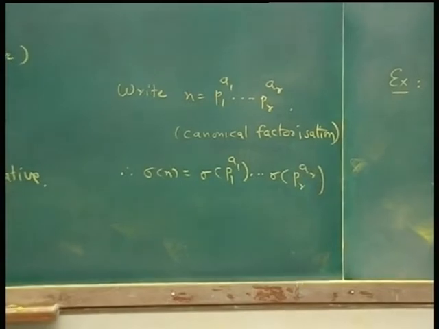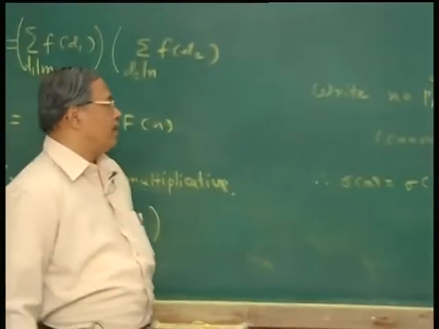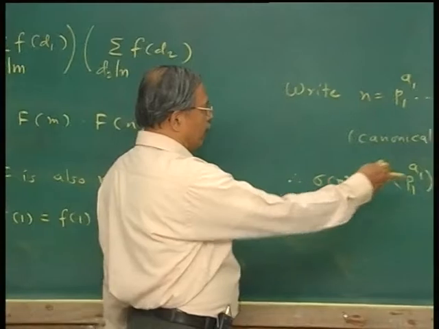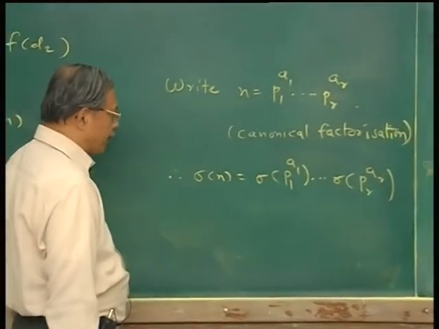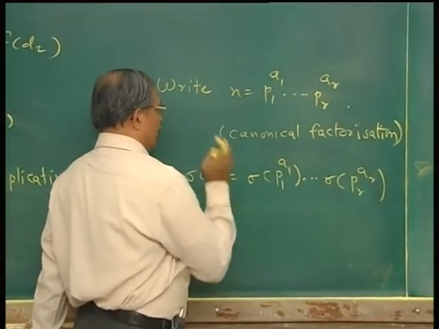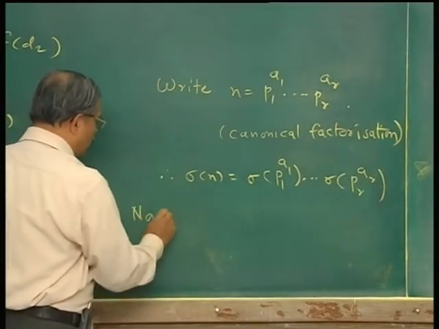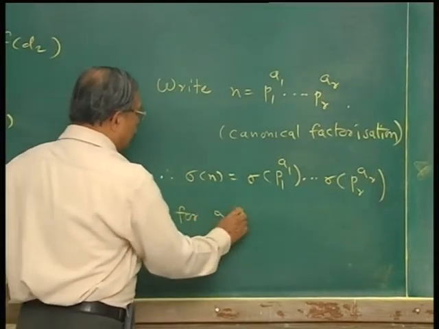Various prime powers corresponding to different primes are co-prime in pairs, and we can use the multiplicative property. Now what is sigma of pi raised to ai? So take any prime p and take a power.